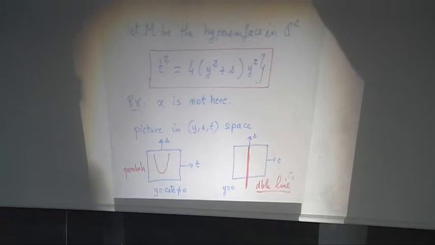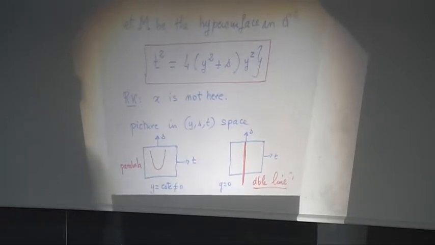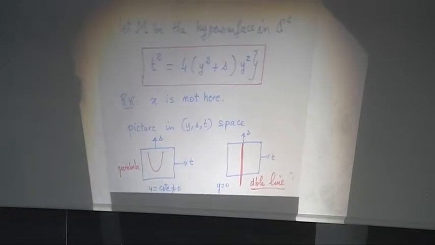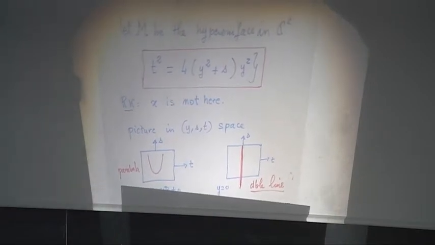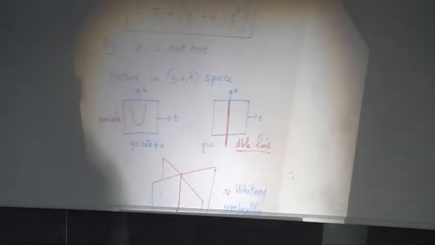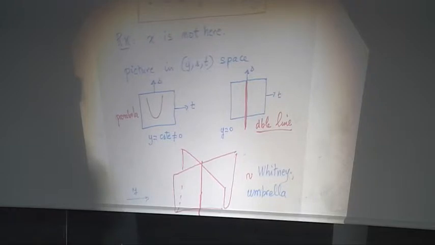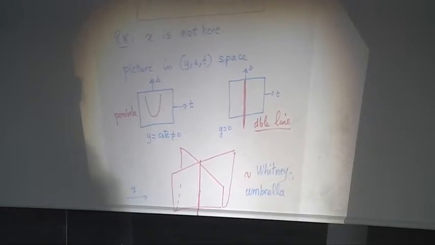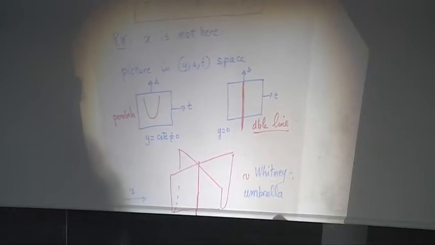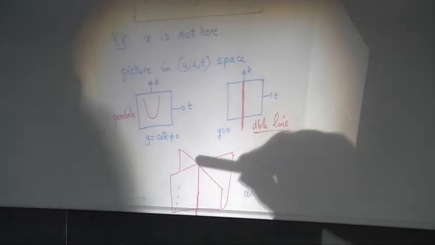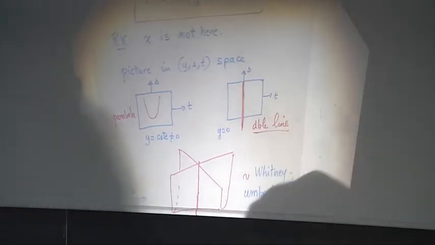So this is a parabola, and there is a special value of y, which is y0, which gives a double line. You have a degeneracy of the parabola. And in fact, it's something like a Whitney umbrella. Everybody knows the Whitney umbrella, so you have the umbrella and you have a complete line. The line is complete.